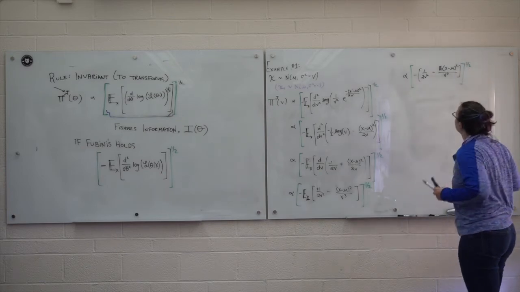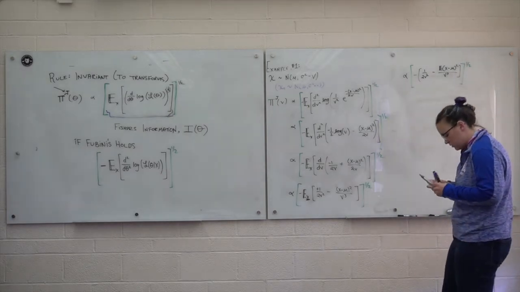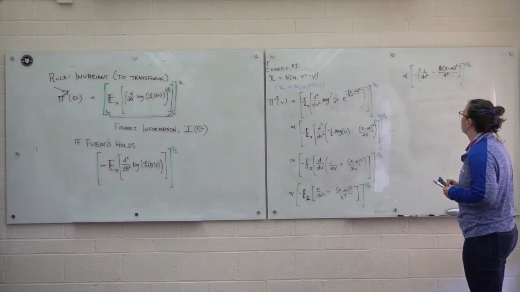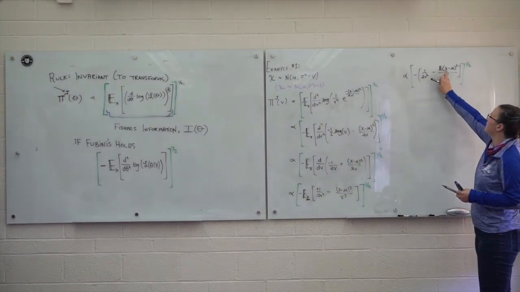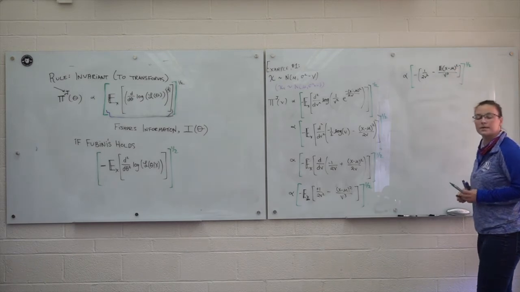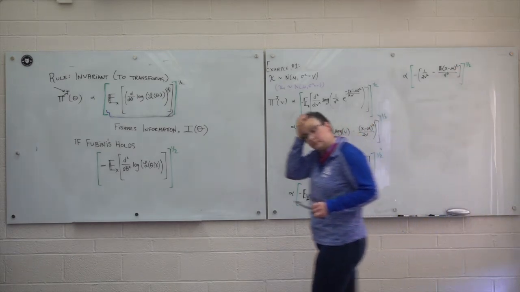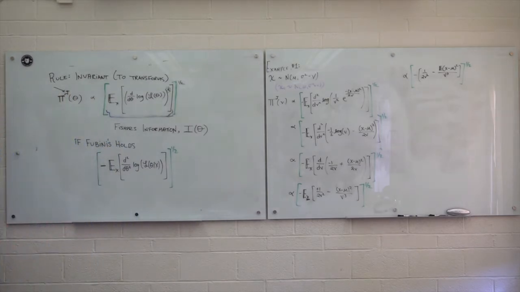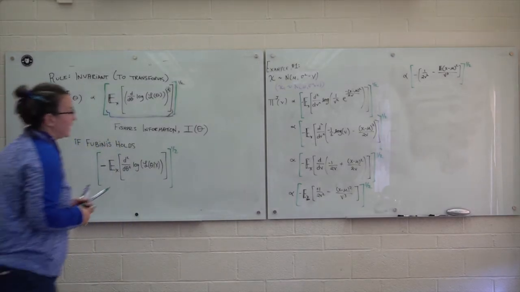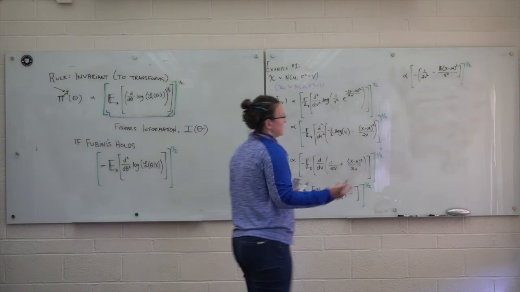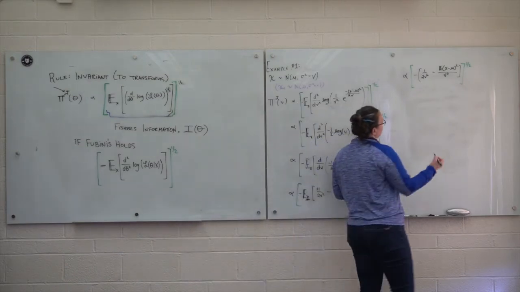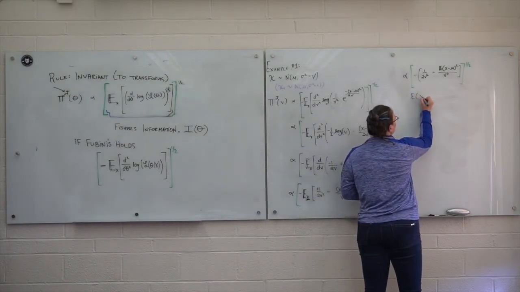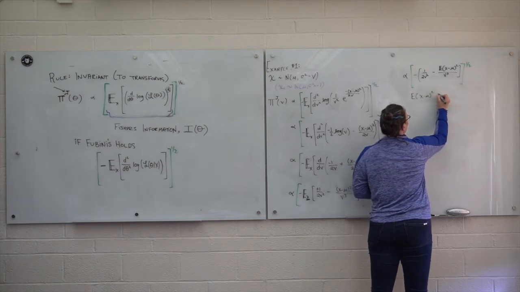1/2. Okay? Now, I want you to take 1 second and think about what the expectation of x minus mu squared is. Take a second. The expectation of x minus mu squared is v. So note, it is v.